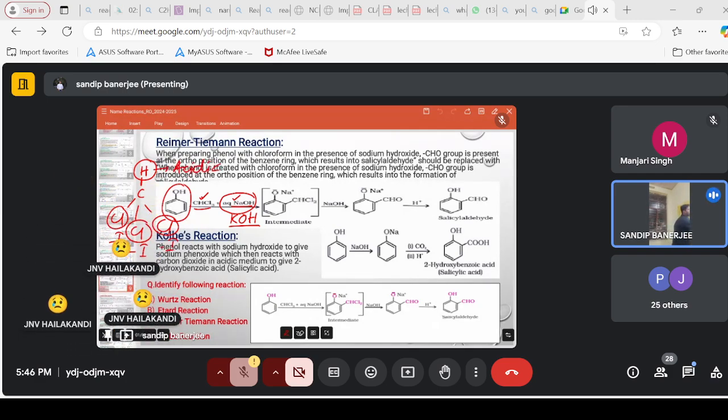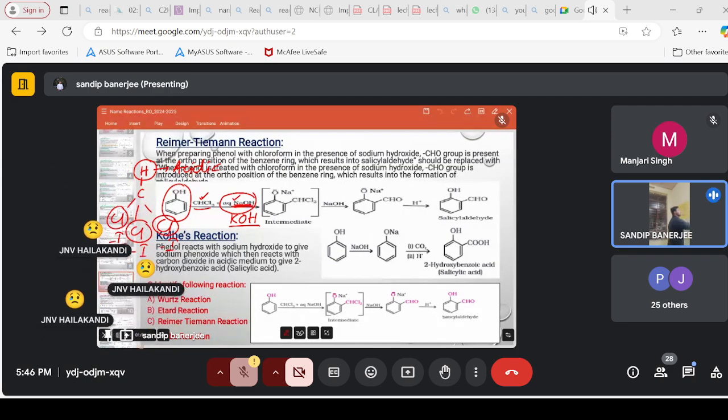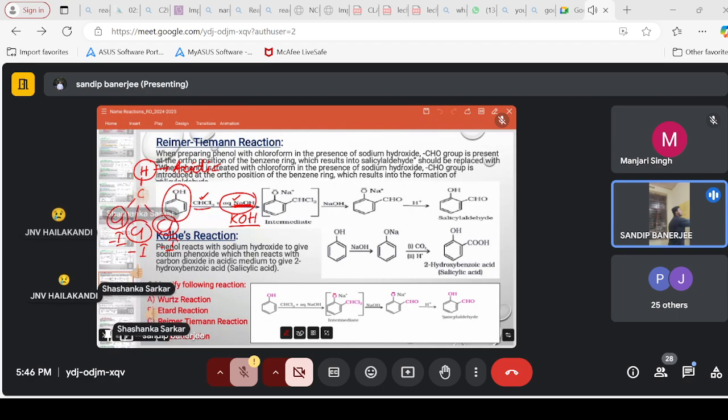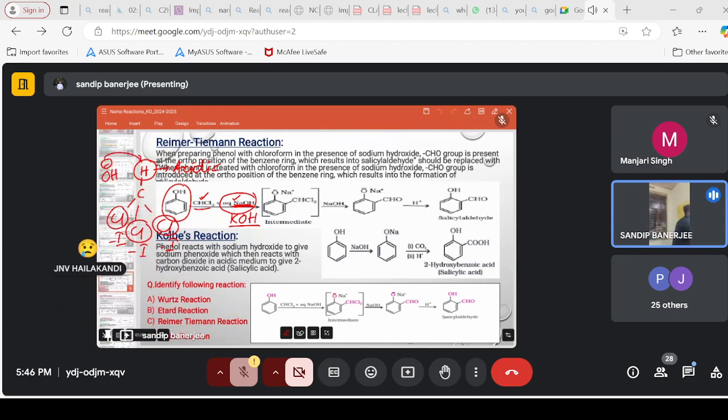Since NaOH, a base, is present in the medium, the OH minus will trap this H. And in the first stage, you will get the CCl3 minus system. In the next stage, the Cl minus will be eliminated.